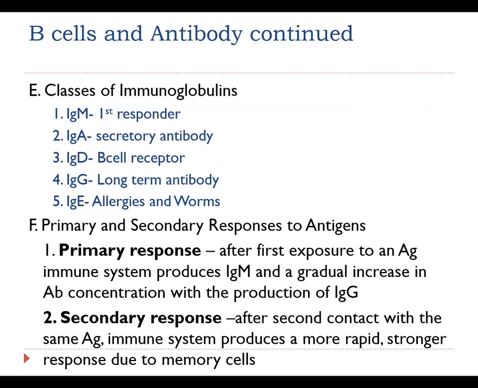The hope is that you actually produce enough memory B cells during that exposure and IgG that when you have a secondary exposure to that same antigen, you have a more rapid response by your third line of defense. Due to this rapid response, typically you will not get sick. You will also have a stronger response due to the memory cells, so typically you do not see illness with that secondary exposure.